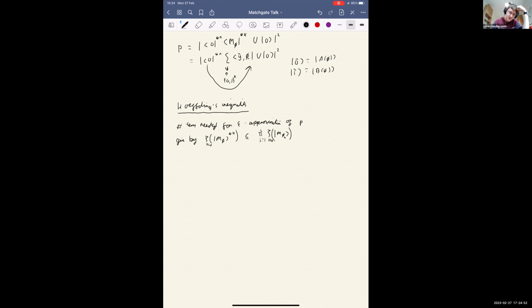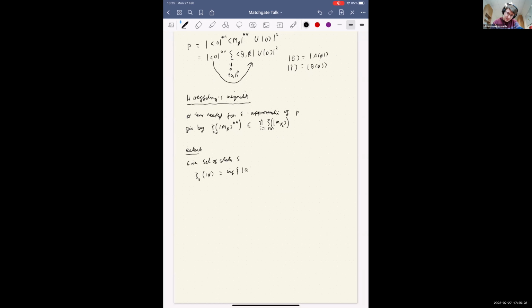I should also define this quantity. If I have some set of states S, which I assume at least span the state space, the extent of some state phi is the inf of this quantity, the 1 norm of A squared, such that the sum over s in S of A_s s is phi.